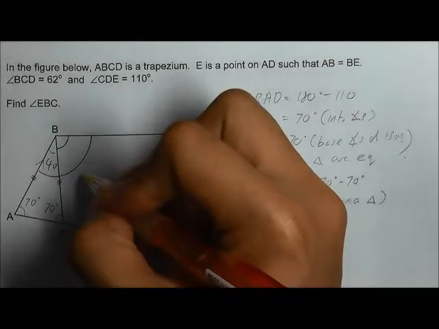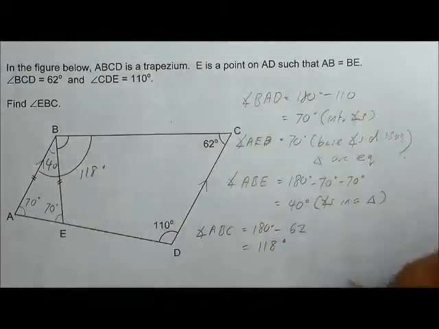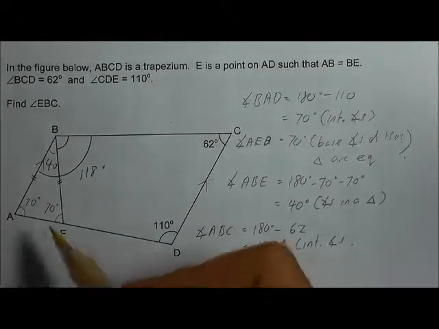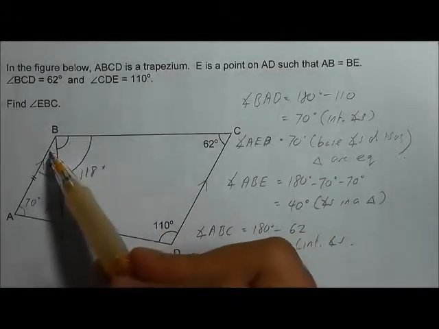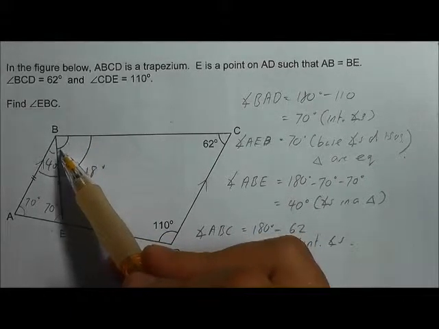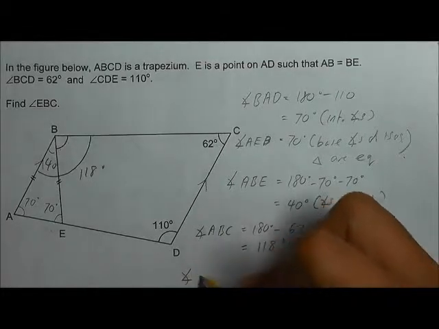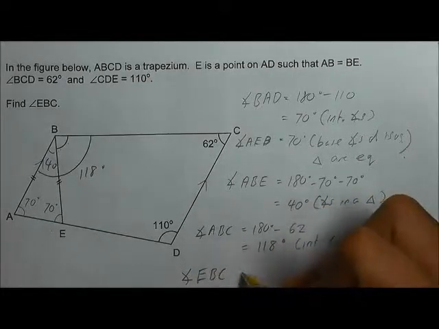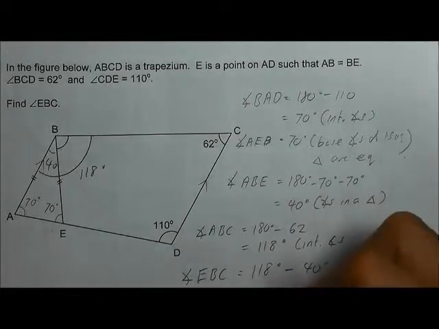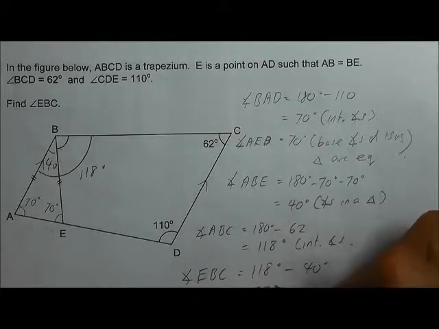Okay, so this angle is 118 degrees. By the way, this is due to interior angles. So we have this angle, and this angle is 40, so we can find out what angle EBC is. That will be just 118 degrees minus 40 degrees. We will have 78 degrees.